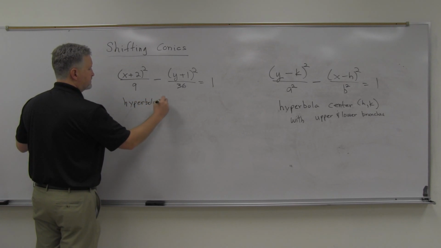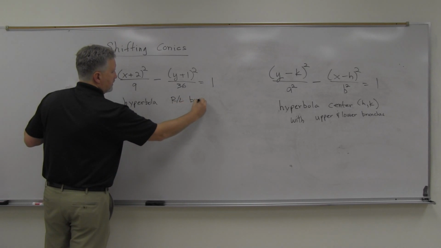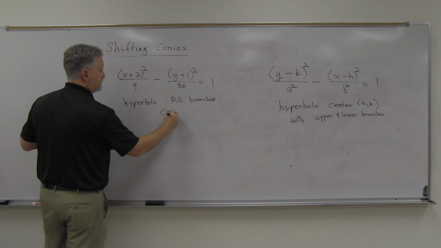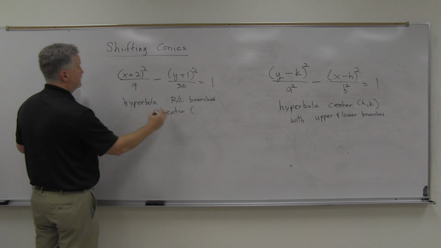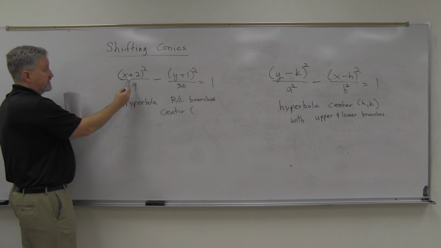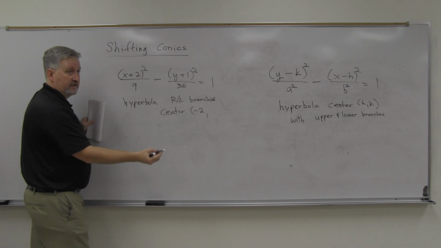The x squared is first, so we've got right and left branches. And my center is going to be shifted, so I need to note the center here. Well, the center, we go the opposite, right? x plus 2, so the h would be negative 2. And it's y plus 1, so the k would be negative 1.